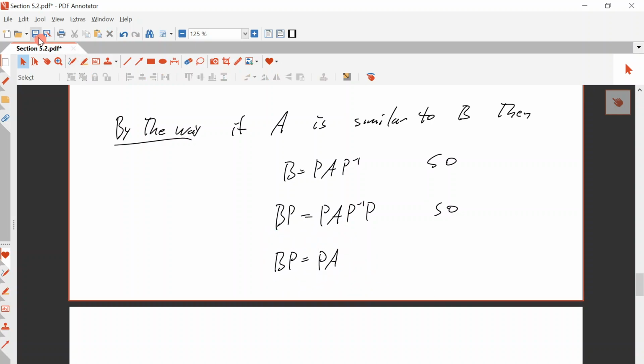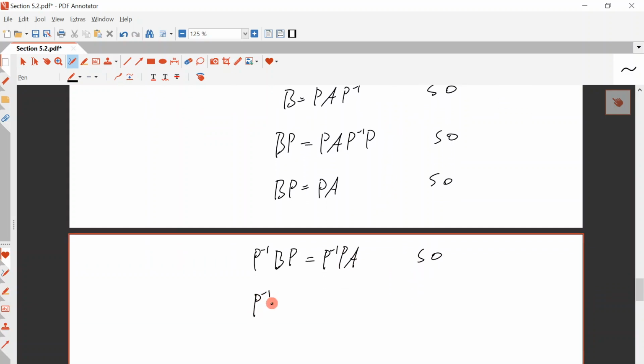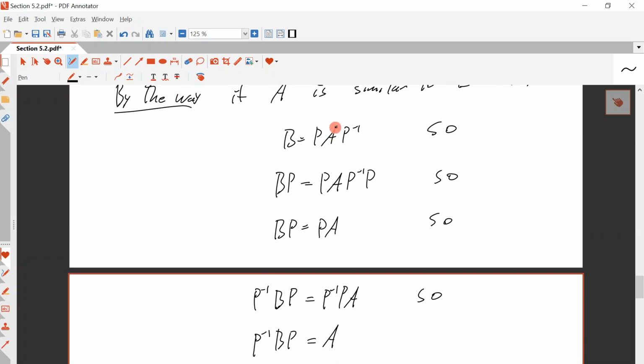Now multiplying by P inverse on the left. So P inverse BP is equal to P inverse PA. So P inverse BP is equal to A. Therefore A is similar to B if and only if B is similar to A.